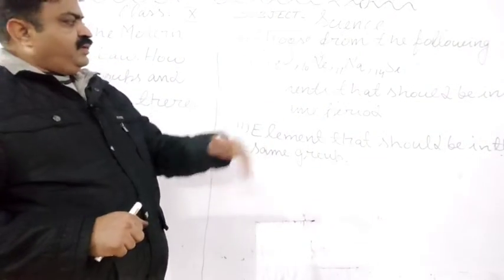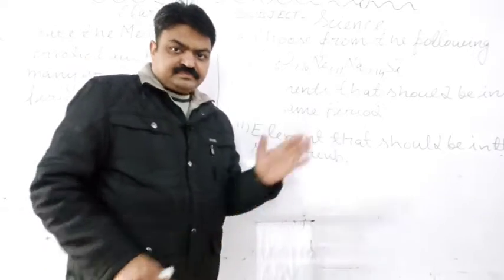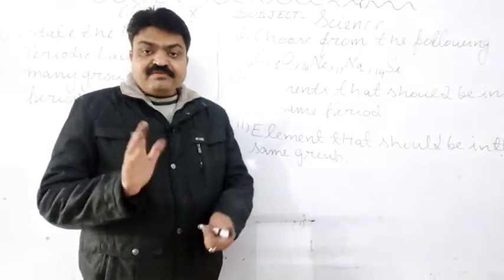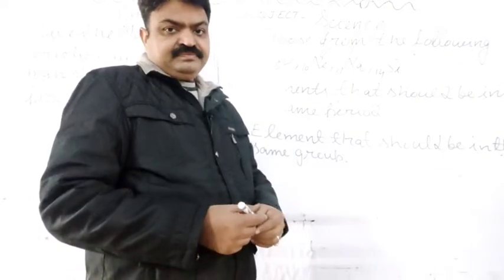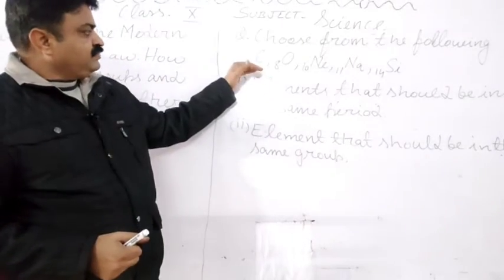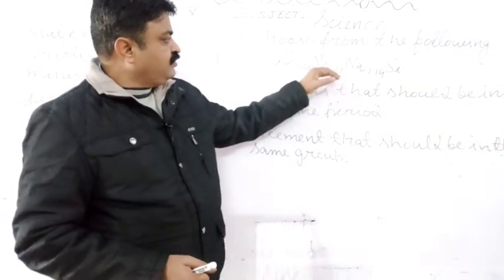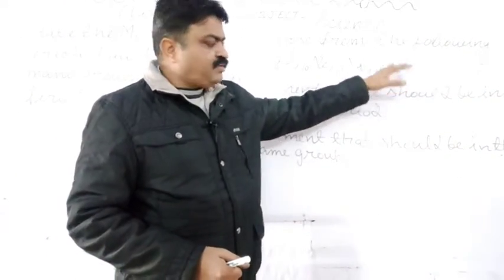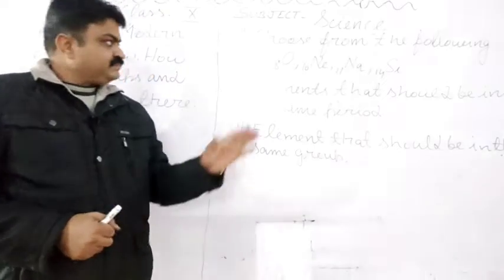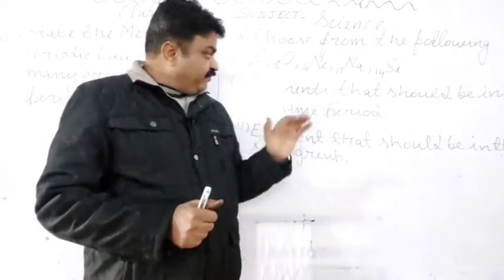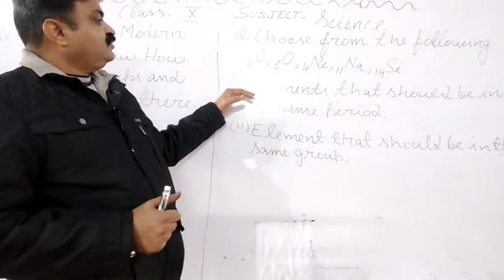Choose from the following. Now in this, some elements are given as symbols with their atomic numbers. There are carbon, oxygen, neon, sodium, silicon, and with this, their atomic numbers are also given. And what is asked in this?